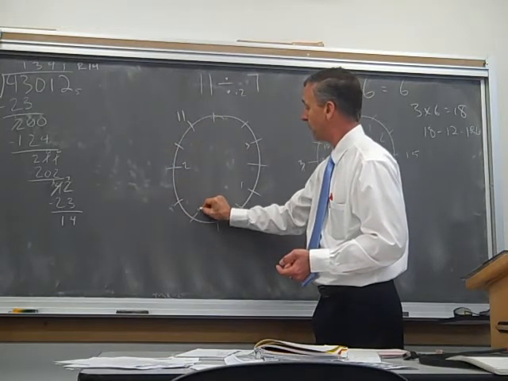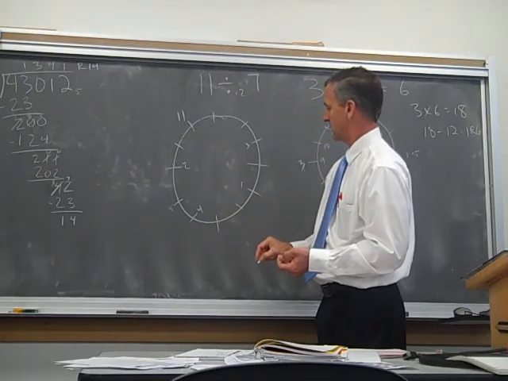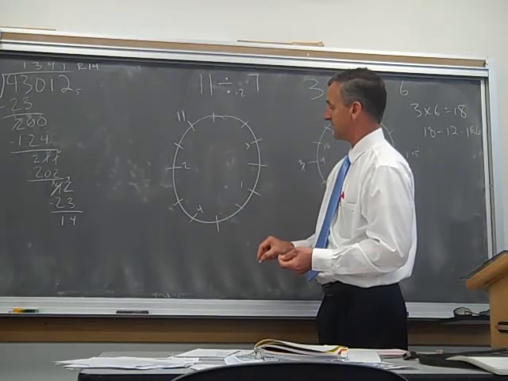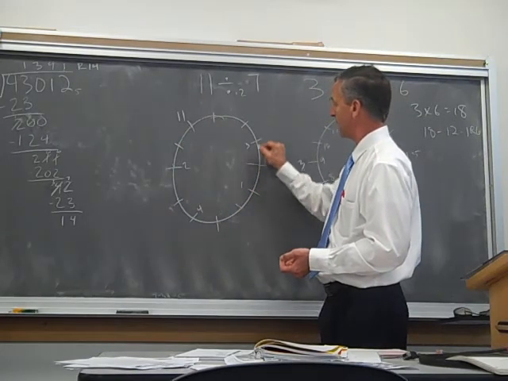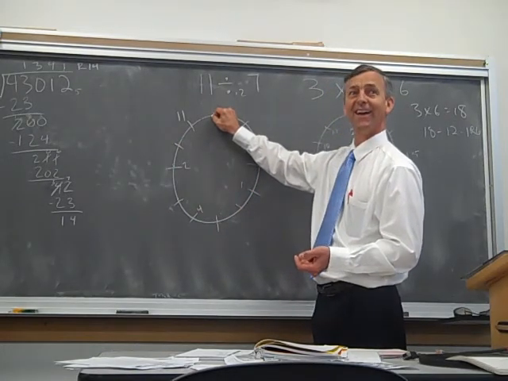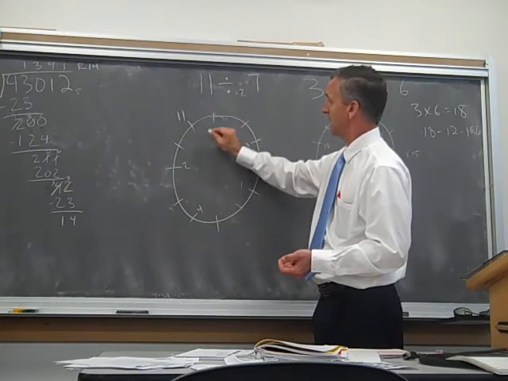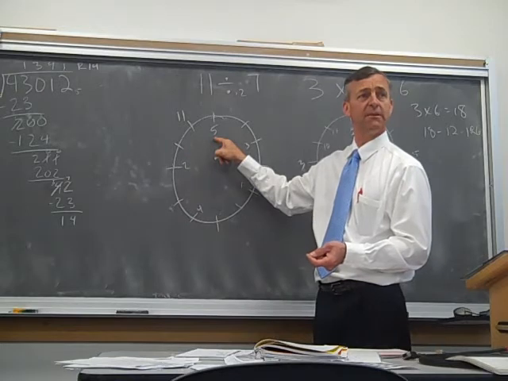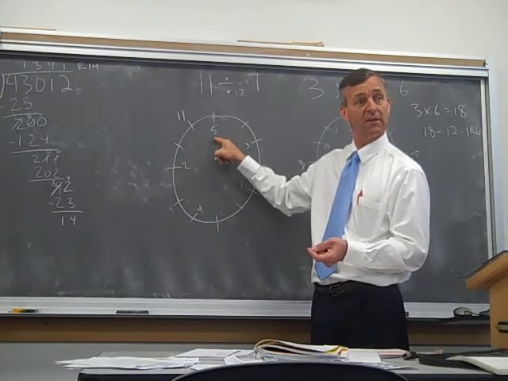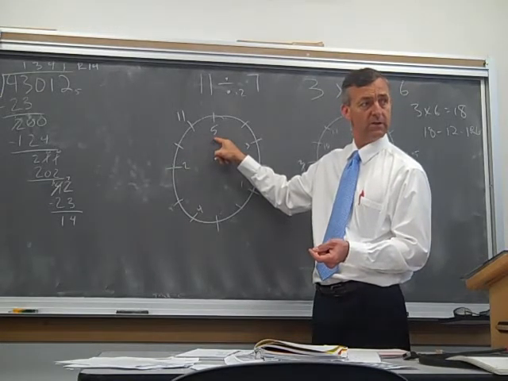That's 4 sevens, and I'm not at 0. Again, 7 more. I went 5 sevens and I arrived at 0. My answer must be 5.